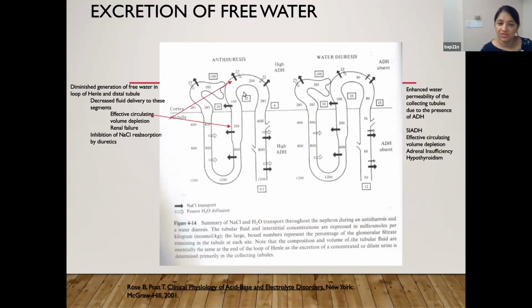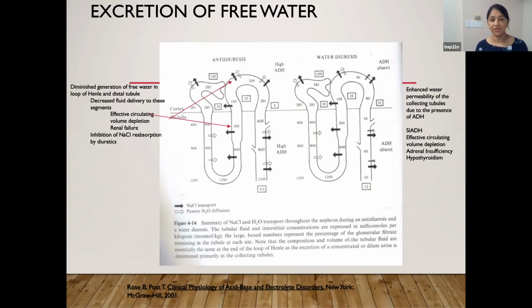And when you reach the distal segment, you have the dilute urine, and as you go down, then ADH comes in, and then it will conserve the water, and some amount of salt will be exchanged, but more so water will be conserved, and you have the very concentrated urine there, right? So if you have a lot of ADH, then you have very concentrated urine. You don't have ADH, then you basically dump all the dilute urine.